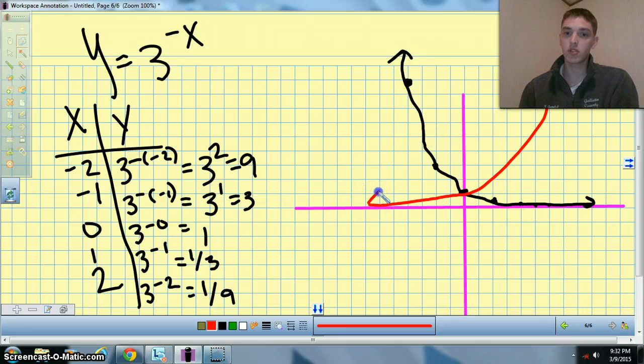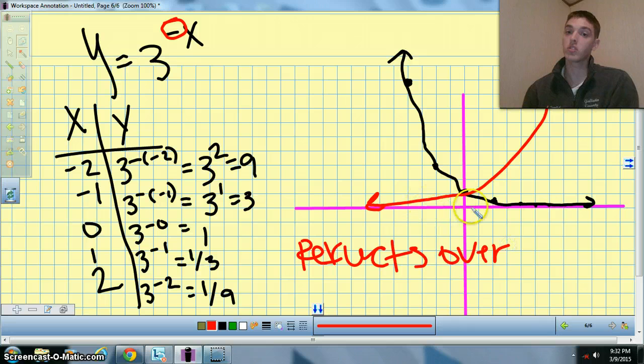So the red line is y equals 3 to the positive x. So the big idea here is that whenever the negative is on the exponent, it reflects over the y-axis.